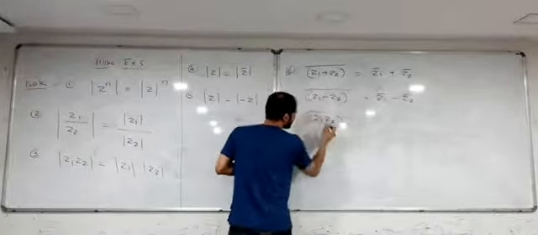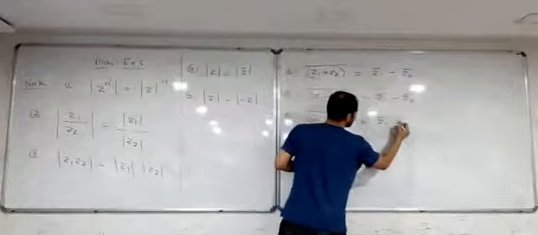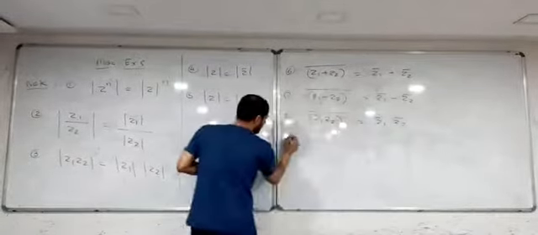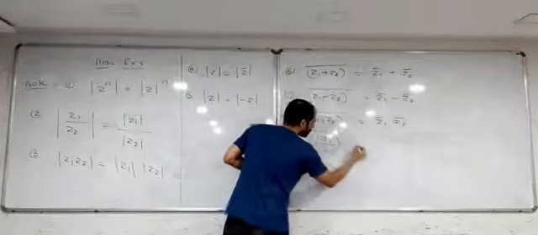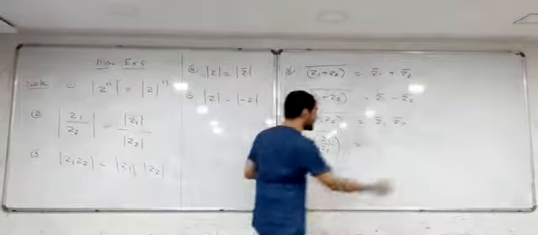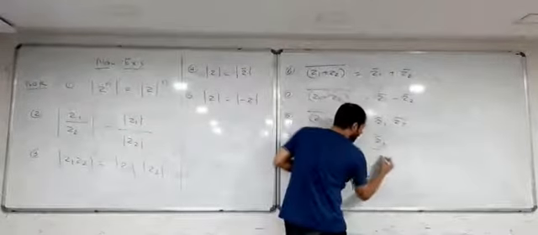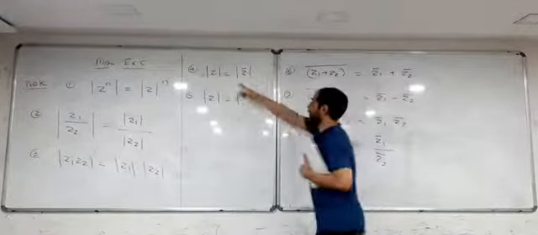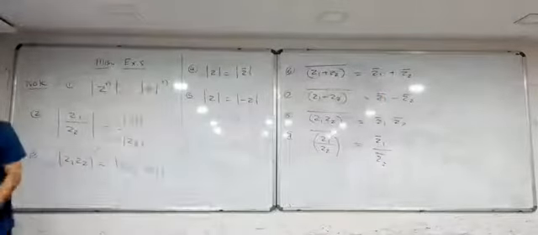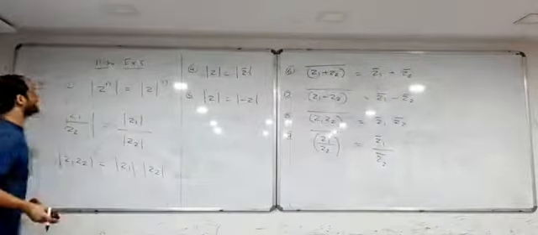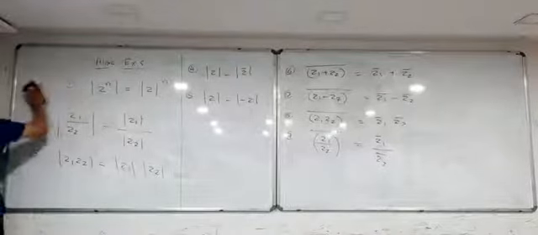Conjugate of z1 z2 is equal to conjugate of z1 into conjugate of z2, and conjugate of z1 upon z2 is equal to conjugate of z1 upon conjugate of z2, and modulus of z is equal to modulus of z bar, and modulus of z is equal to modulus of minus z bar. You should remember these well.